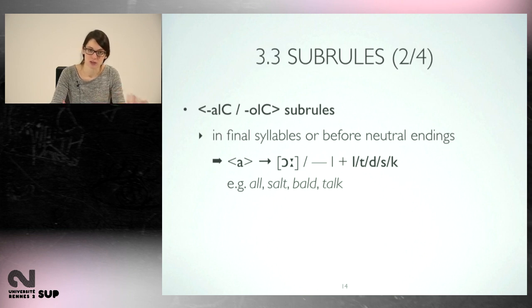If you have a look at the table with the basic values of the vowel A, you'll see that there's no mention of this O value for A. That's because it's not a regular expected value for A. It corresponds to a specific subrule, where A occurs before the L consonant, followed by another consonant, which might be either L, T, D, S, or K. Here again, the L, T, D, S, K refer to graphic consonants, not to phonemes.